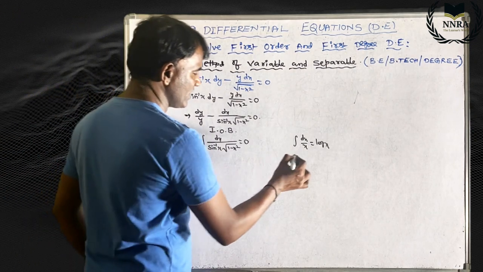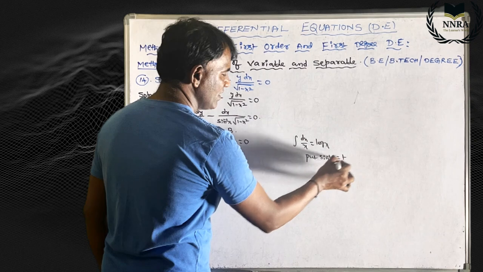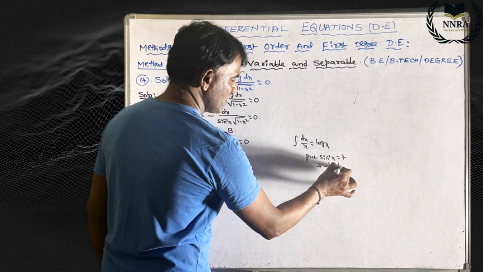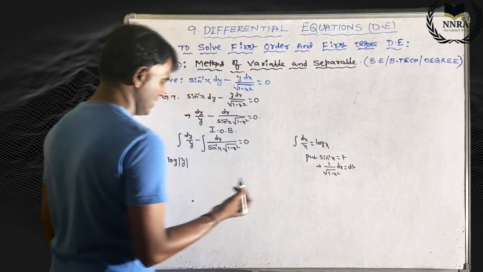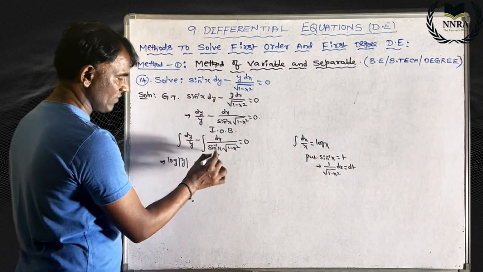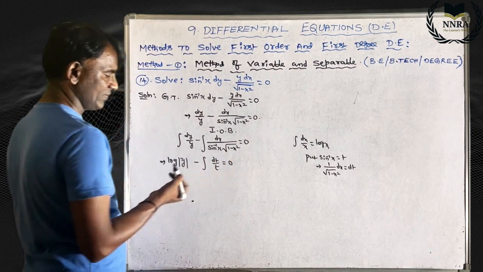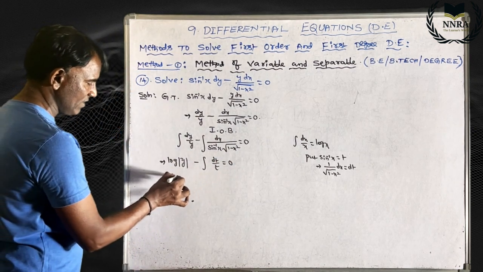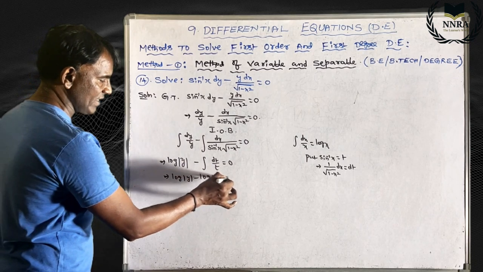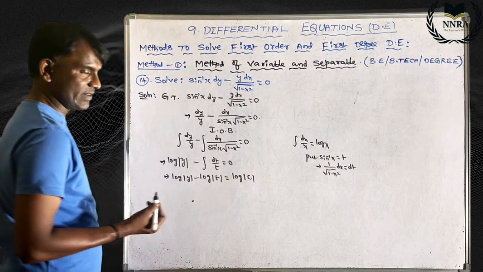And for this, the substitution method: sin inverse x equal to t. Derivative of sin inverse x is 1 by root of 1 minus x square, so dx by root of 1 minus x square equal to dt. So minus integral dt by t equal to 0. So it is log of mod of y, and the same formula, mod of t. Both are logarithmic functions, na, then write here log of mod of c.